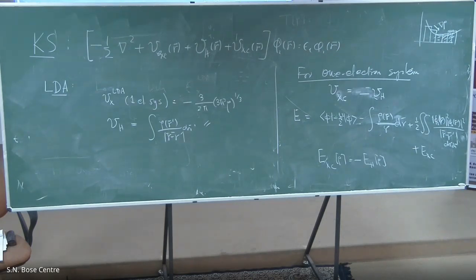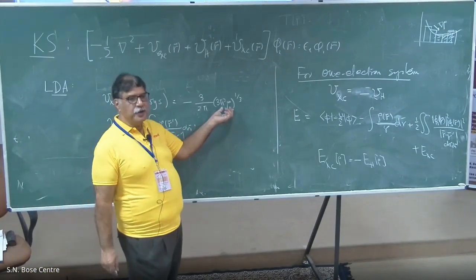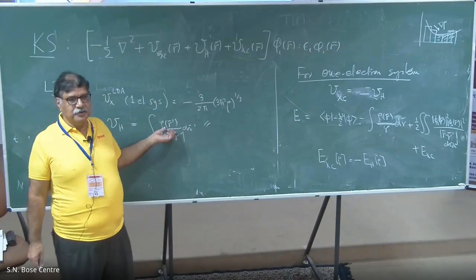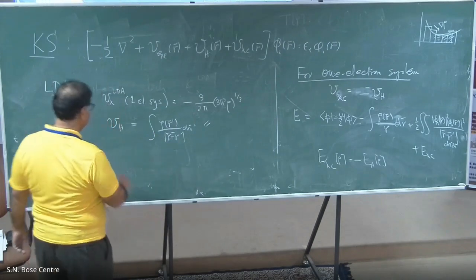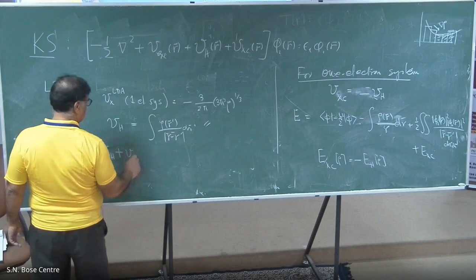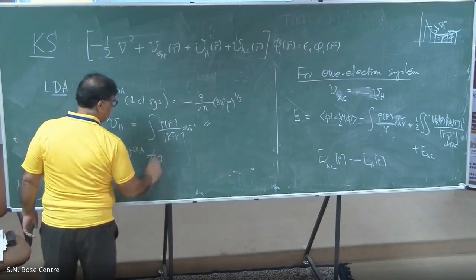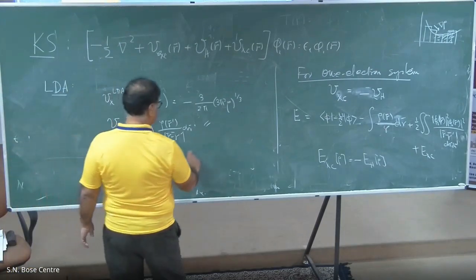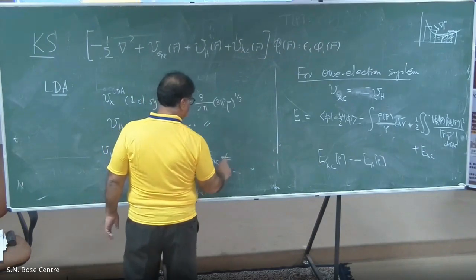Right away you can see no, because far away this would go as an exponential. This goes as minus 1 over r, rho r to the 1/3. So V_H plus V_x for LDA is not zero. Similarly, E_H plus E_xc is not equal to zero.